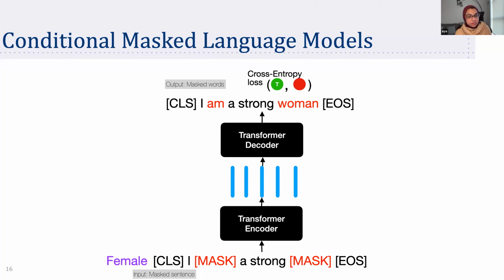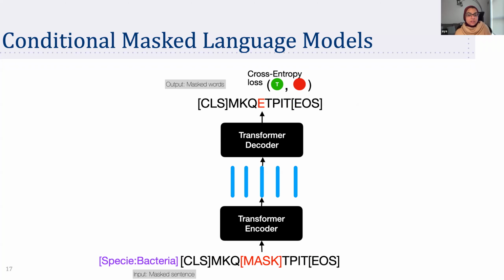When people started working on proteins, they did exactly the same thing. We add a tag such as the species is bacteria, so that when the model is generating, it knows that we want to generate a protein sequence of a bacteria.